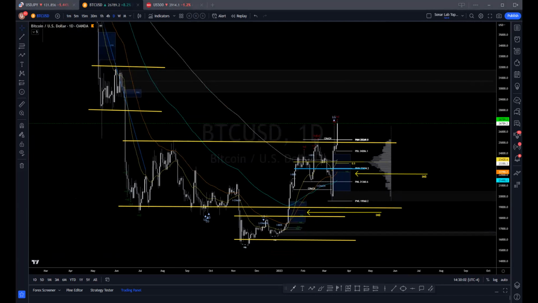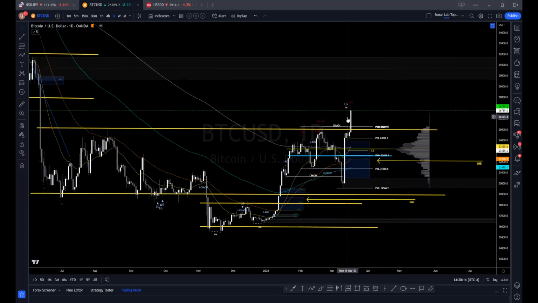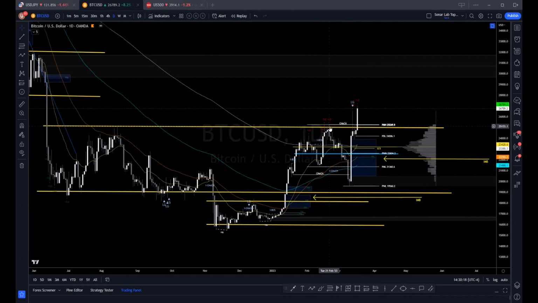Let's see what I'm looking at from a Bitcoin chart perspective. Right now we're sitting at about 26,800, which took out the 26.7 level, and we are far above the 25,000 from back in February. That was nice because we hadn't seen 25,000 since August.